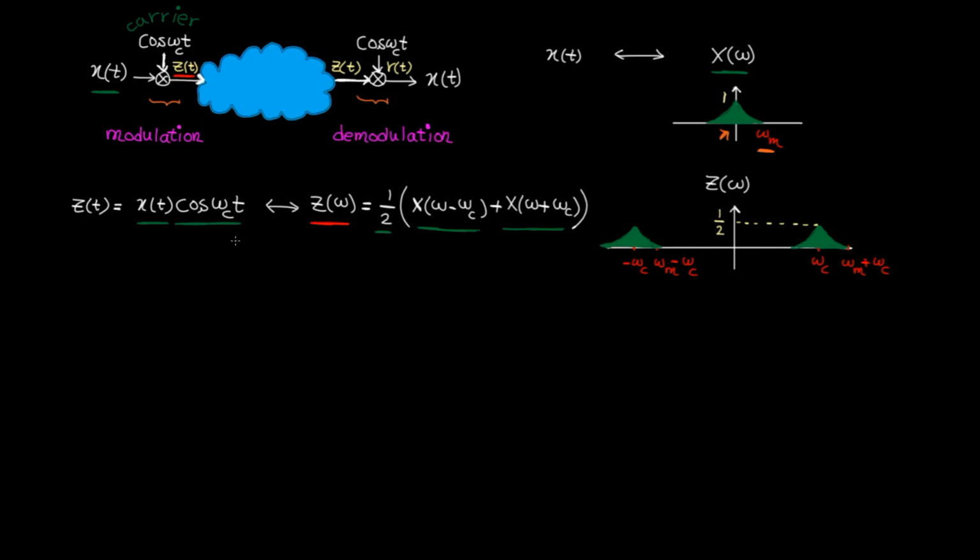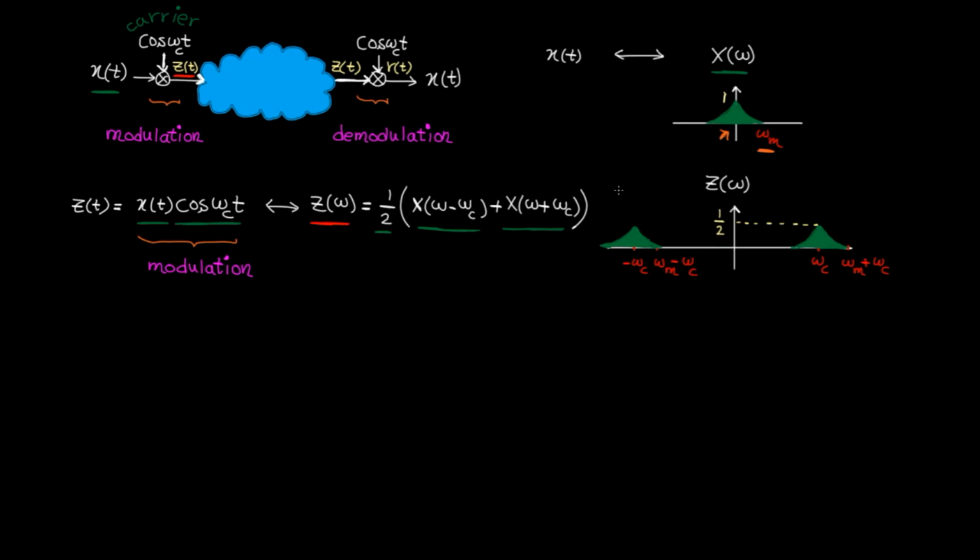Let's step back and see the big picture before continuing. The act of putting information on the carrier signal, i.e. cosine function in this case, is called modulation. As we showed before, when we modulate the message, i.e. x(t), with a complex exponential function, we shift the frequency content to higher frequencies.